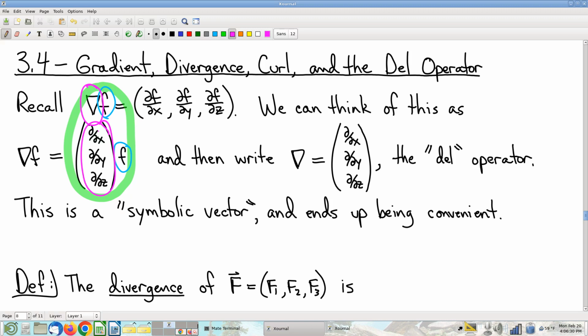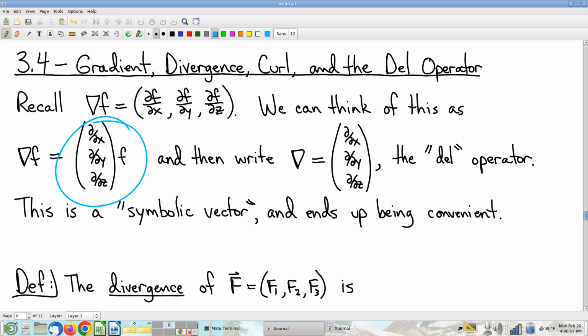That's just a notational choice. If you want to, you can think of this as looking like a scalar being multiplied by a vector. And of course, when you have a scalar times a vector, the scalar gets multiplied by all of the entries in the vector. So either way you like, whatever. But this is a standard notational alternative for gradient.